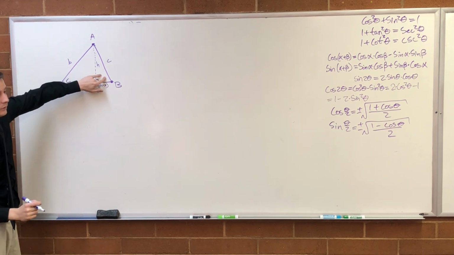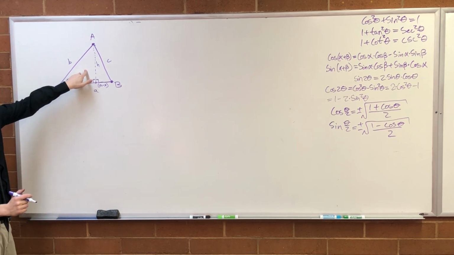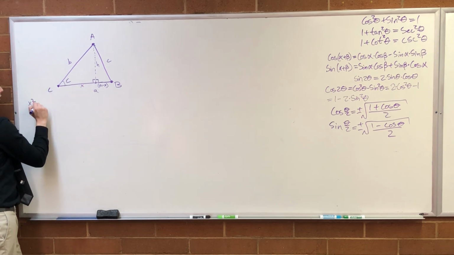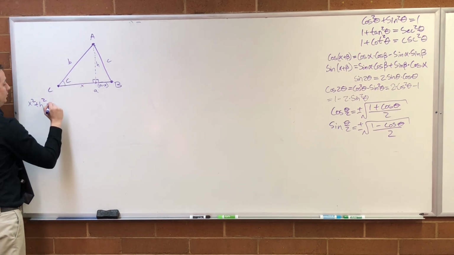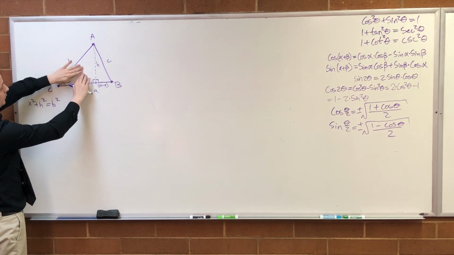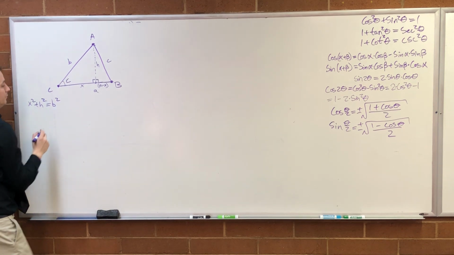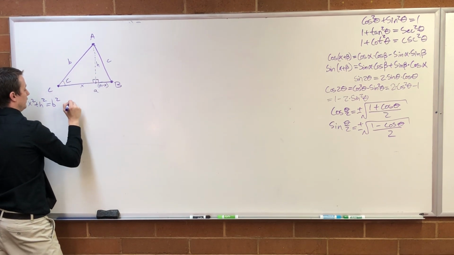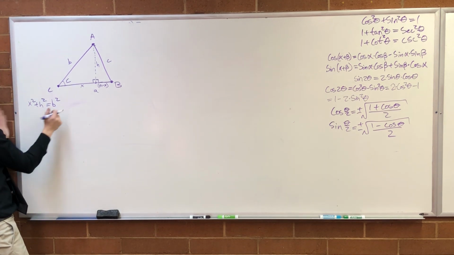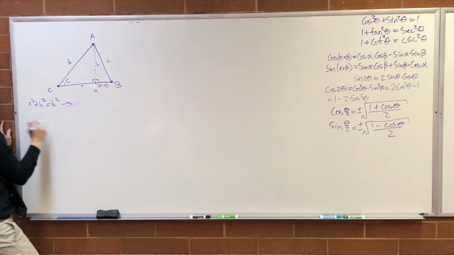I can use Pythagorean theorem with this side triangle and the Pythagorean theorem with this triangle. So the Pythagorean theorem with this triangle tells me what? It tells me that x squared plus h squared is equal to b squared. That's what Pythagorean theorem tells me here. So I'm just going to take this and solve for what h squared is.